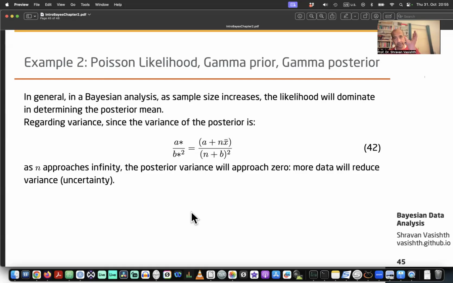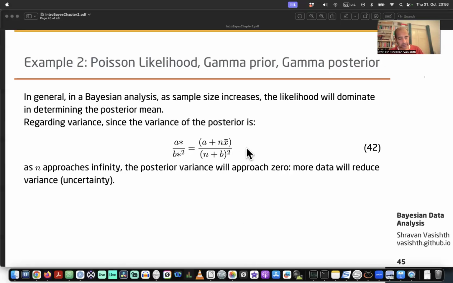The variance of the posterior is going to get tighter and tighter as you increase sample size. What that means is that your uncertainty about the parameter is going to get smaller and smaller, so you have a tighter posterior distribution for the parameter of interest. Practically, that means you have a lot more certainty about the parameter if you have a lot of data.